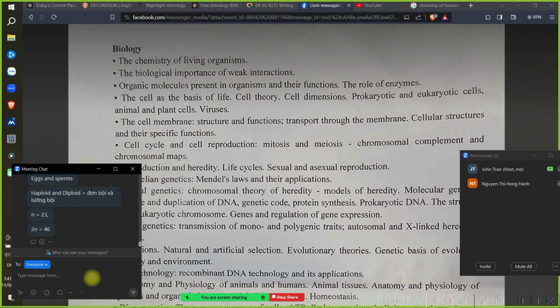There are 6 stages within each of the divisions, and first of all we have prophase 1. In this phase, prior to prophase, chromosomes replicate to form sister chromatids.